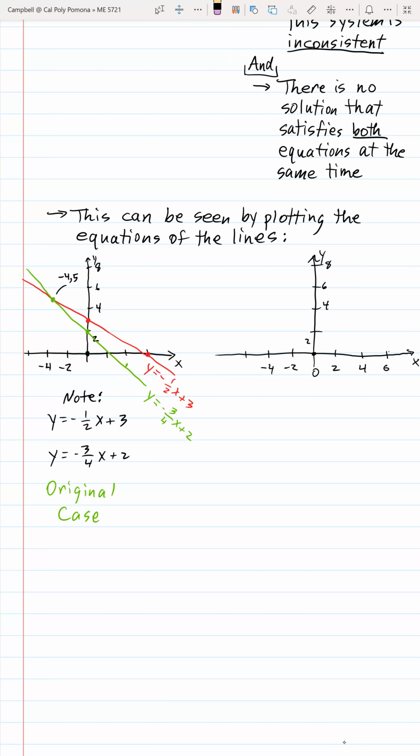So it turns out that if we go ahead and resolve the equations in the form of y equals, we get y equals -1/2 x plus 3, because we didn't change that one at all. So that one just comes straight on across. On the other hand, though, for the second equation, we get a negative.